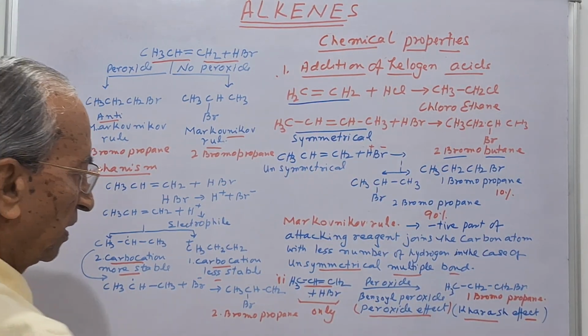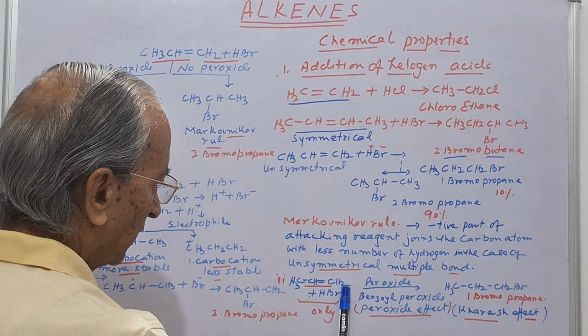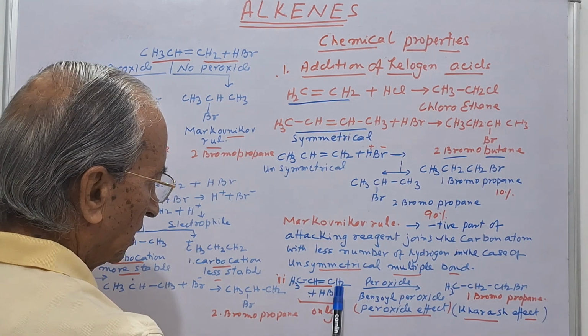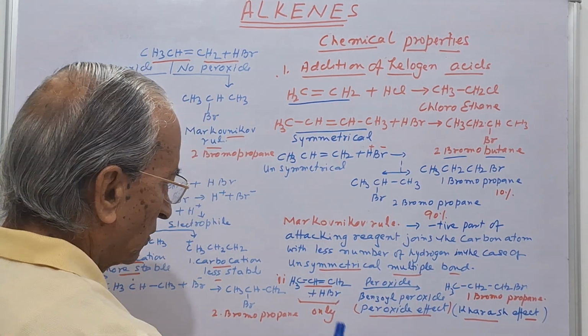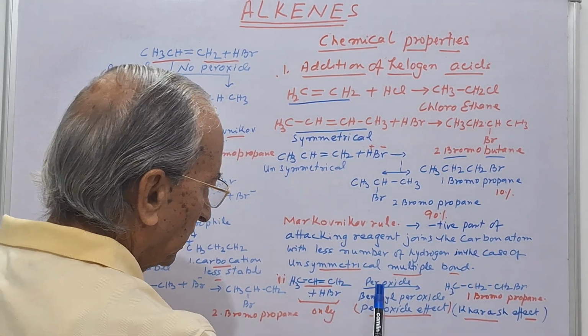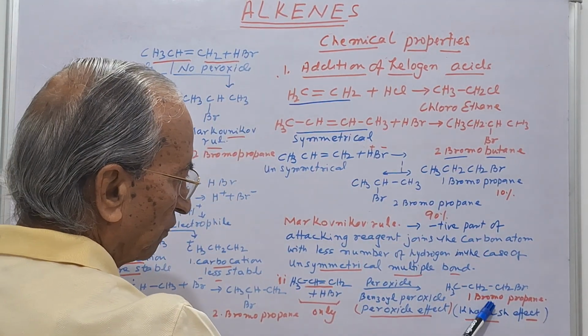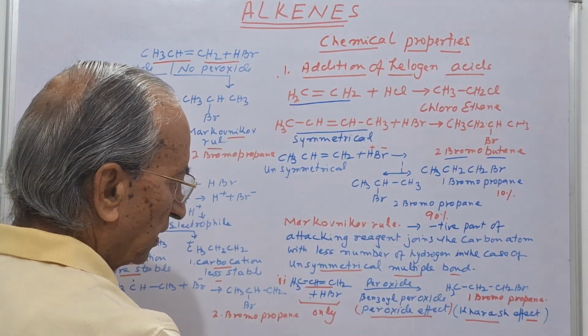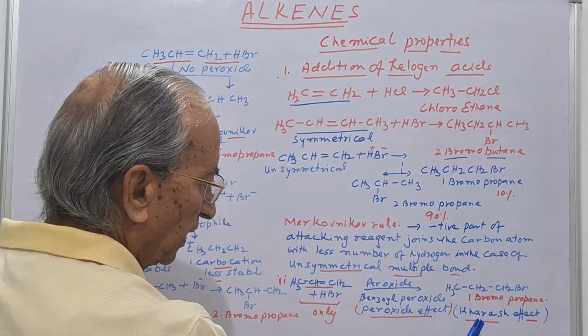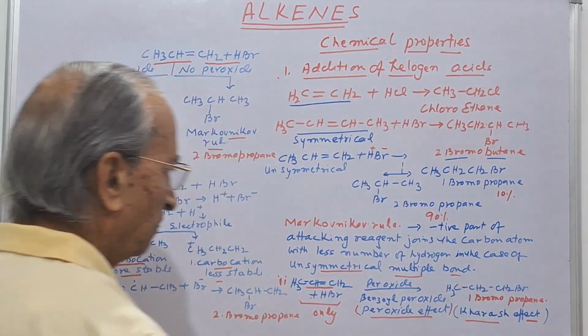So the point is that unsymmetrical double bond compounds, when they react with HBr in the presence of benzoyl peroxide, only form 1-bromopropane. That is the peroxide effect, also known as the Kharasch effect.